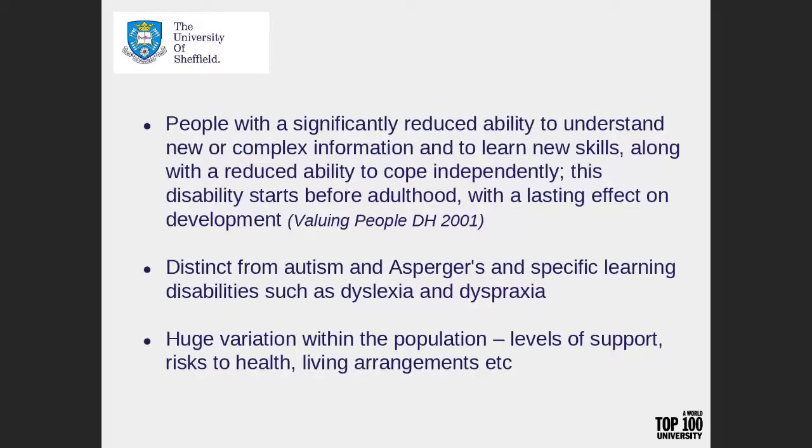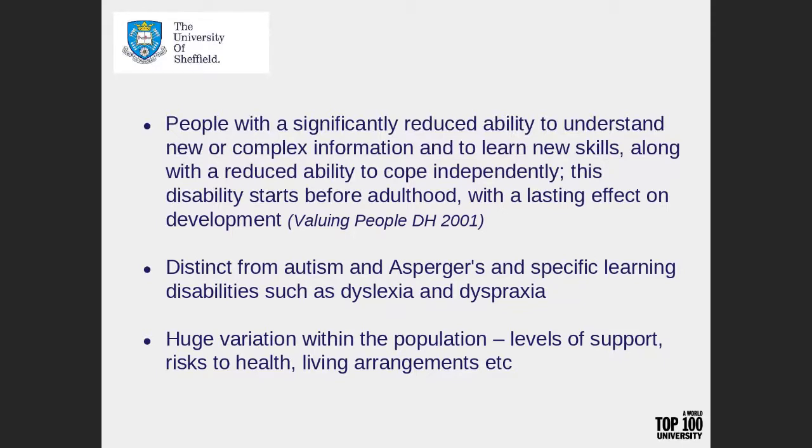So before we go any further, I want to be really clear about who we're talking about when we say people with learning disabilities. So learning disabilities defined as significantly reduced ability to understand new or complex information and to learn new skills, along with a reduced ability to cope independently. And this disability starts before adulthood with a lasting effect on development. I'm going to use the term learning disability today, but the term intellectual disability is also used in academic research to describe this population.